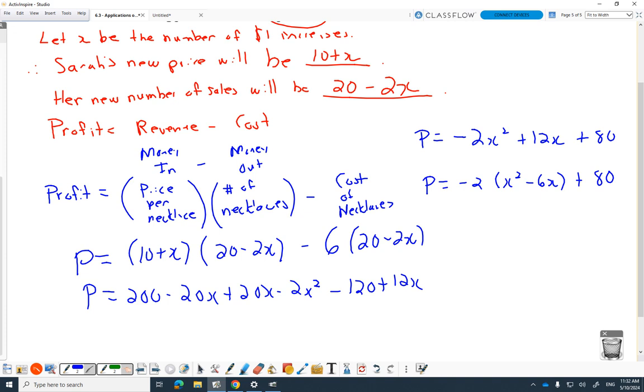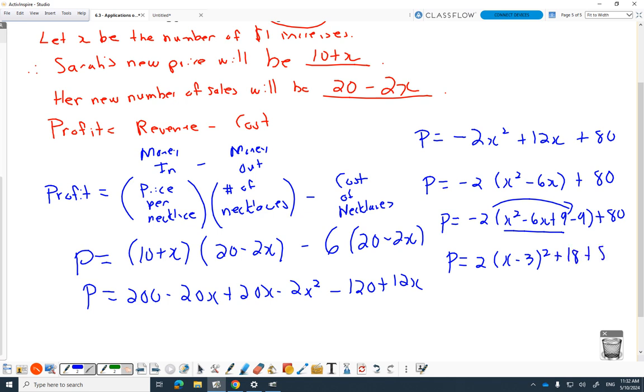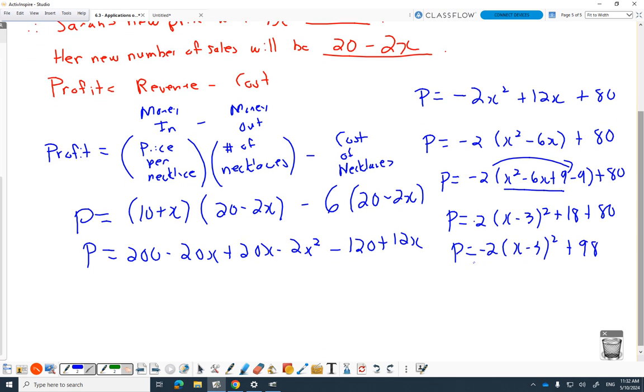Okay. Factor and distribute. Vertex answer.